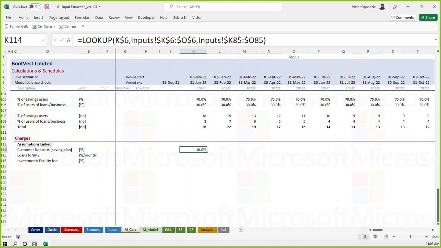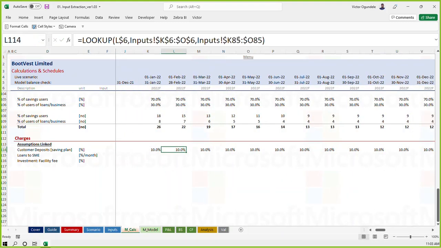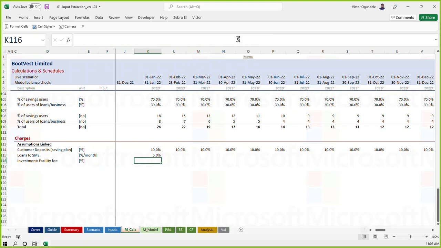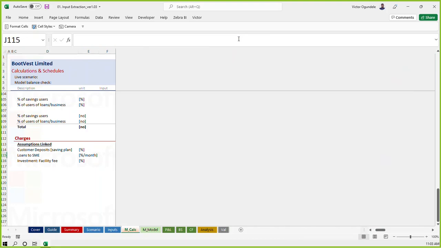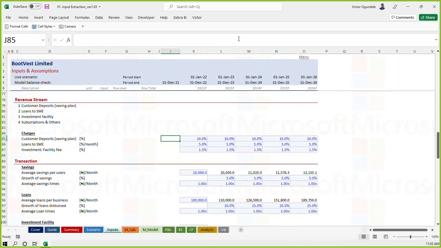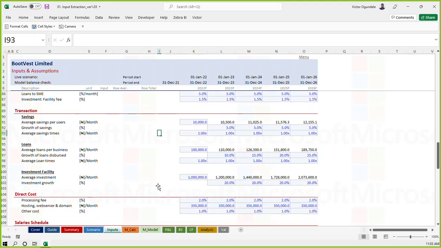Excel is such a great tool. Then let me copy this down, and everything should just copy for the respective months. So we have all our charges linked already.